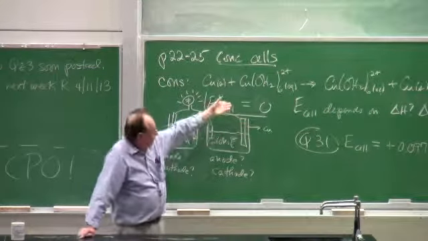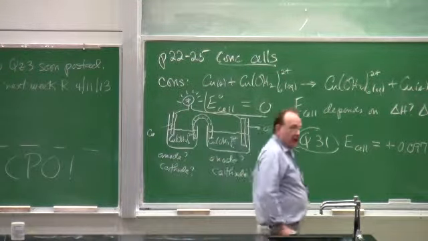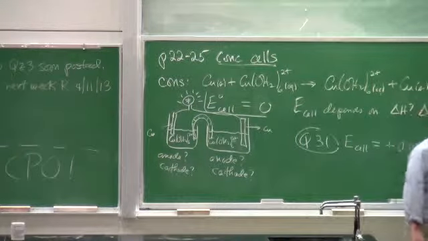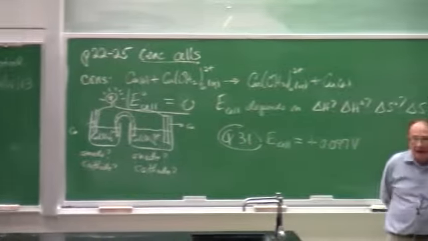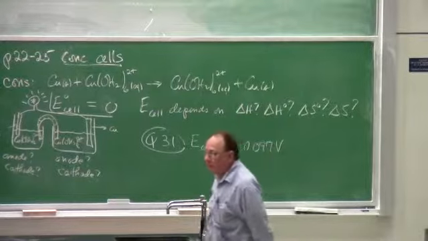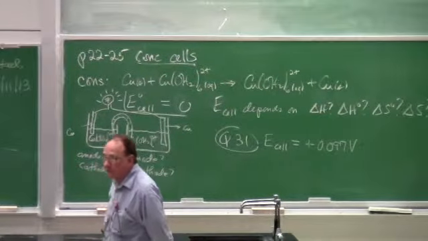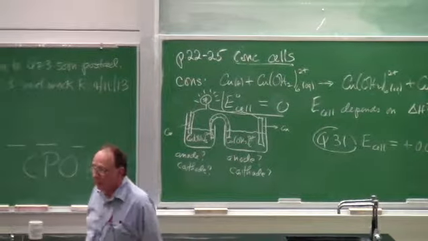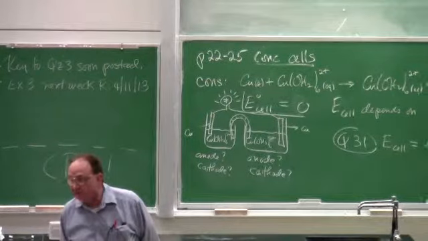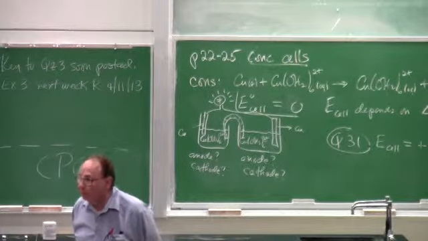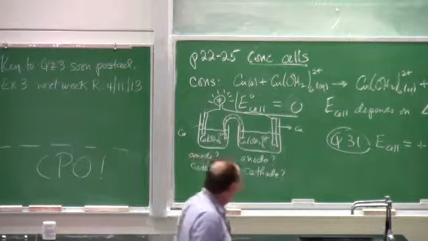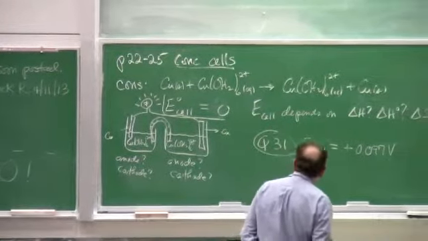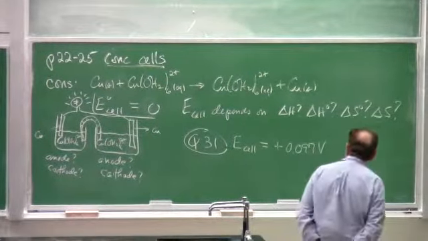So for copper becoming hydrated copper ion, the half cell potential is minus 0.34 volts, and when I turn that around, it's plus 0.34 volts. So for any concentration cell, E0 is 0. So I ask the question, on what does E cell depend for a concentration cell?